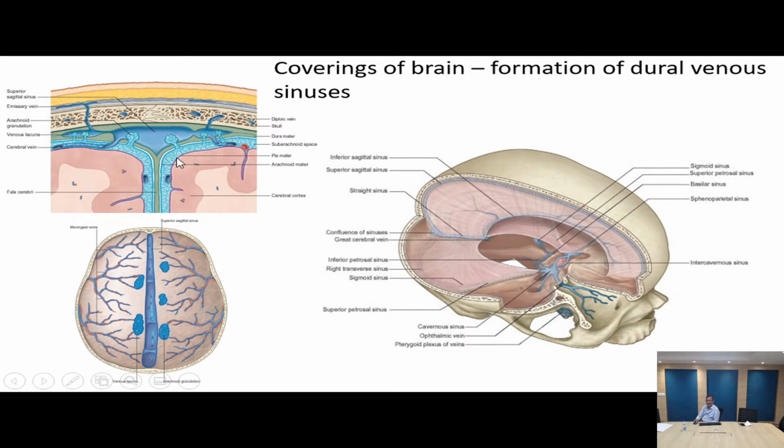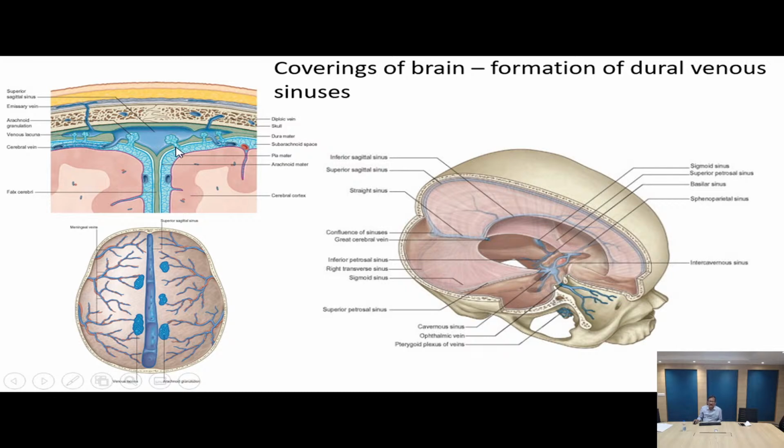Now you know that the CSF is in the subarachnoid space, and from the subarachnoid space there are finger-like structures entering into these dural venous sinuses. These finger-like structures are called arachnoid villi. And when these arachnoid villi are clumped together, they are called arachnoid granulations.